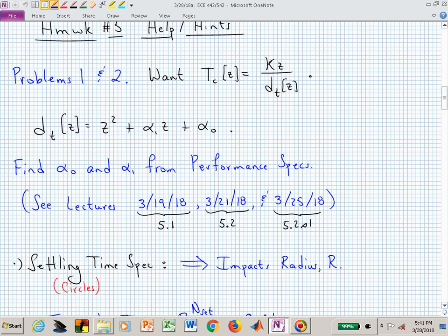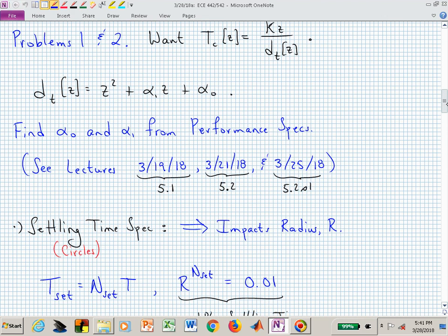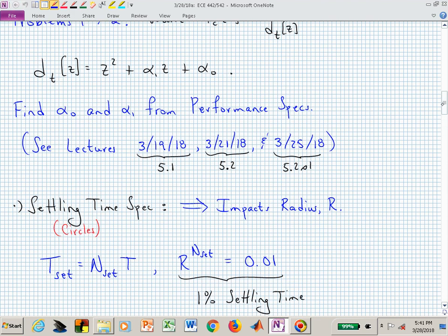As a reminder, if we start talking about settling time, you should be thinking circles, a bullseye. Settling time now means circles. Settling time is about the radius of these complex poles, or the distance these complex poles are away from the origin in the z-plane. We can find this radius r from the 1% settling time condition: the radius raised to the n.